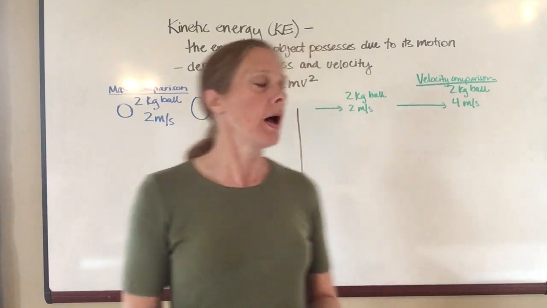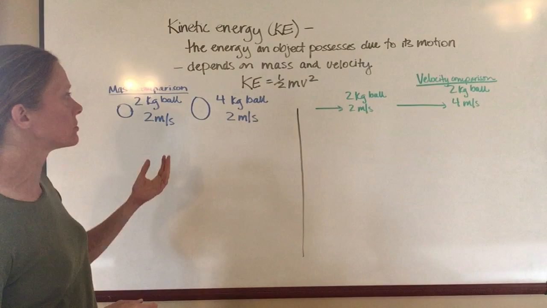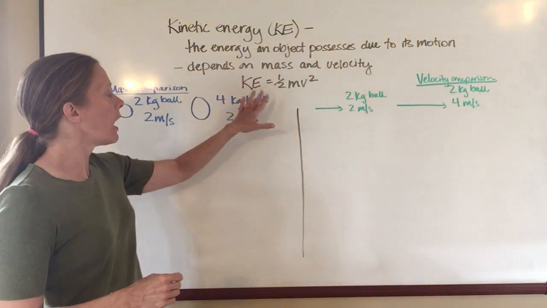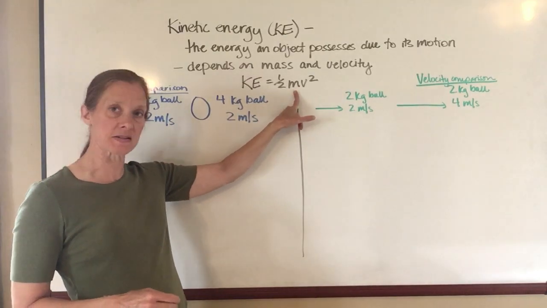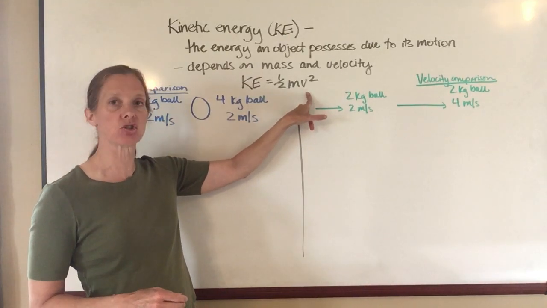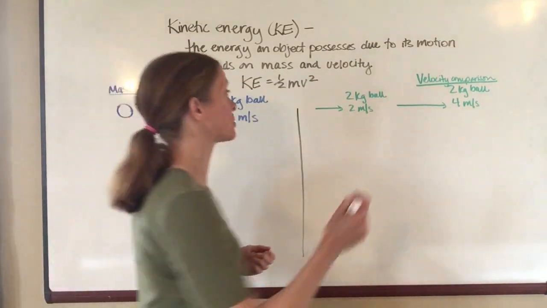And so in order to calculate the amount of kinetic energy an object has, or a person has for that matter, kinetic energy is equal to 1/2 of the mass times the velocity squared. Now, hopefully you remember what it means to square something.